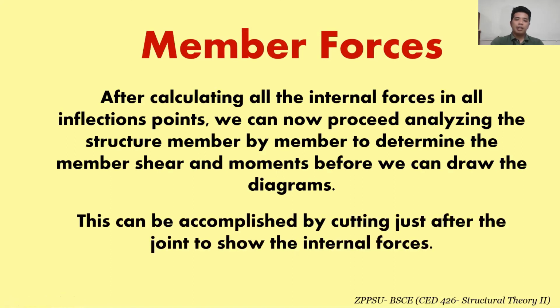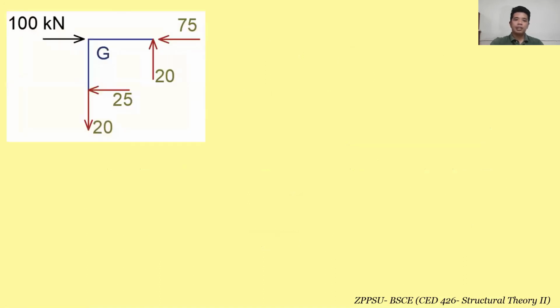So, this can be accomplished by cutting just after the joint to show the internal forces. Like this one. So magsisimula tayo sa joint G. Ganun pa rin ang analysis natin from top to bottom.